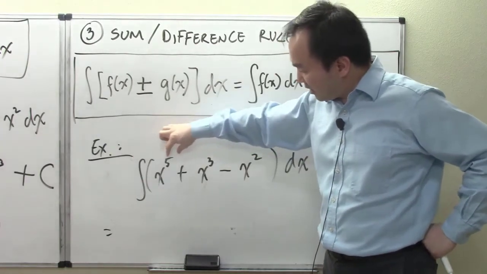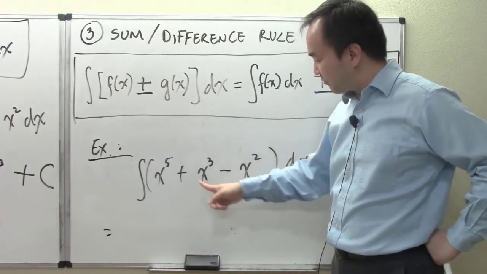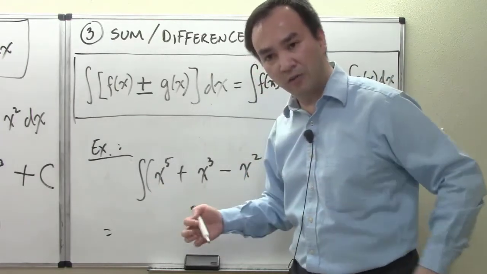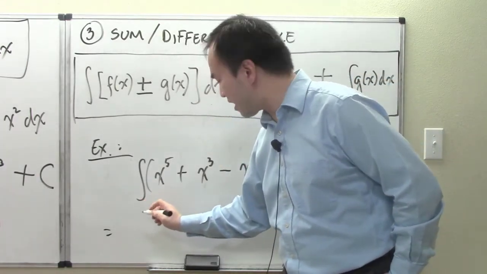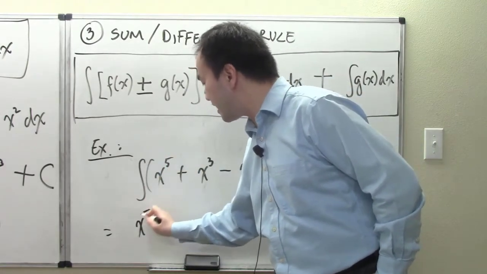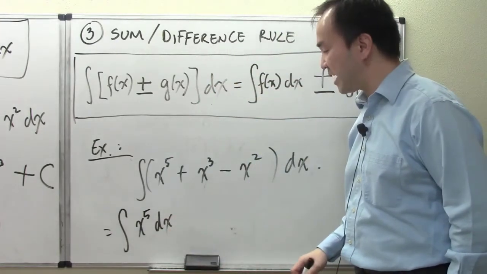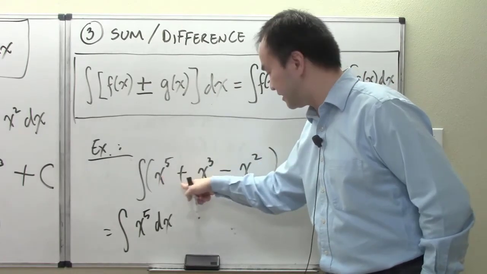Of course, we don't have to worry about the powers here because we already have the power rule to handle them. So looking from left to right, we produce the following 3 separate antiderivative problems. I can see x to the 5th as one problem, so I am going to take a separate antiderivative for that term. I see x cubed here connected with x to the 5th as a sum.